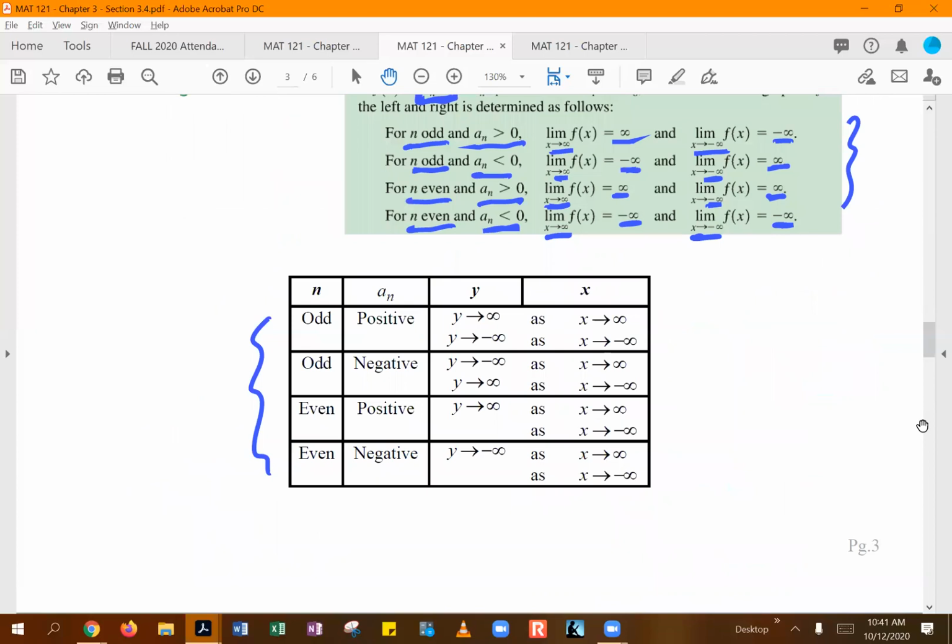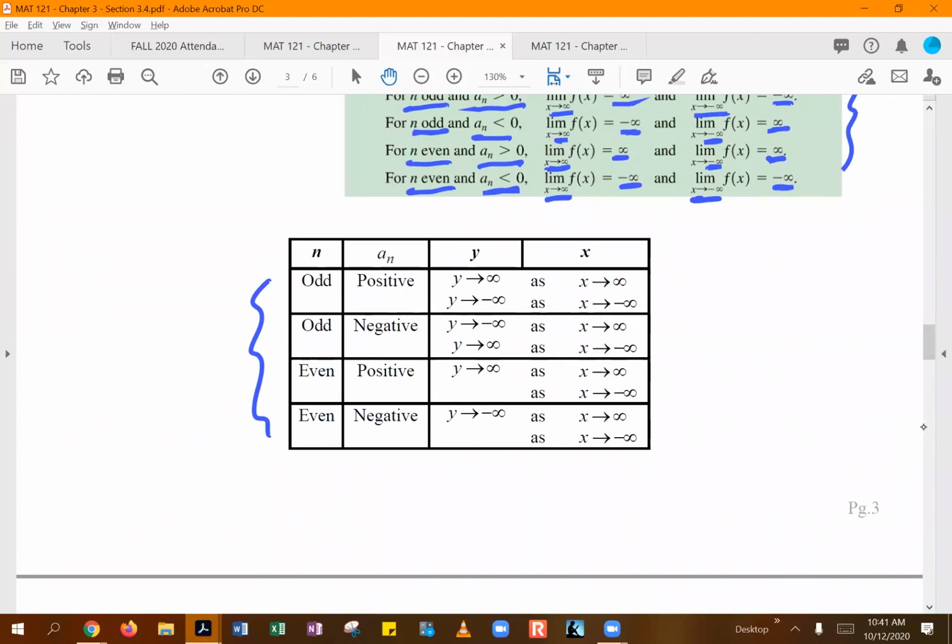This is a table that I have created. It shows you, when your exponent is odd but the leading coefficient is positive, what kind of behavior the x and y will do depending on whether x is going to positive or negative infinity. Same thing over here with odd and negative.